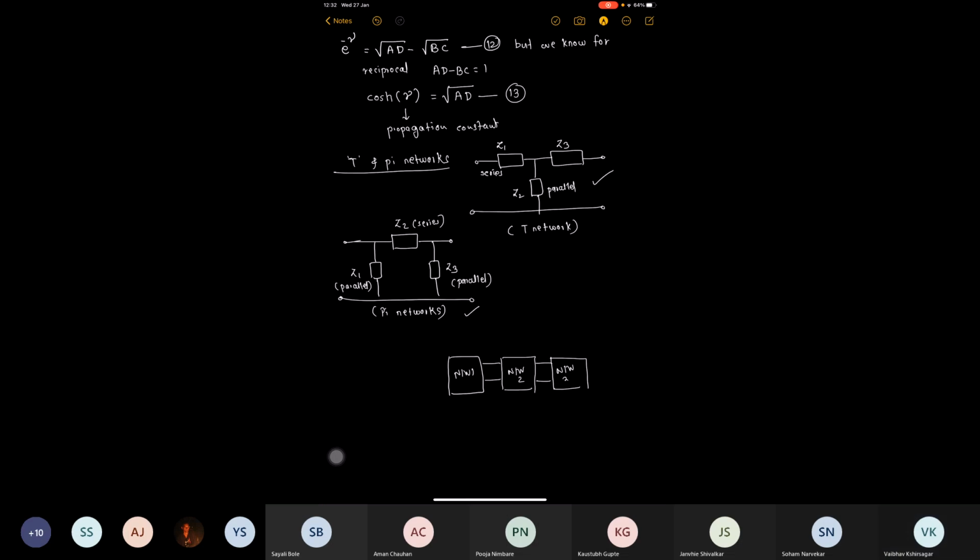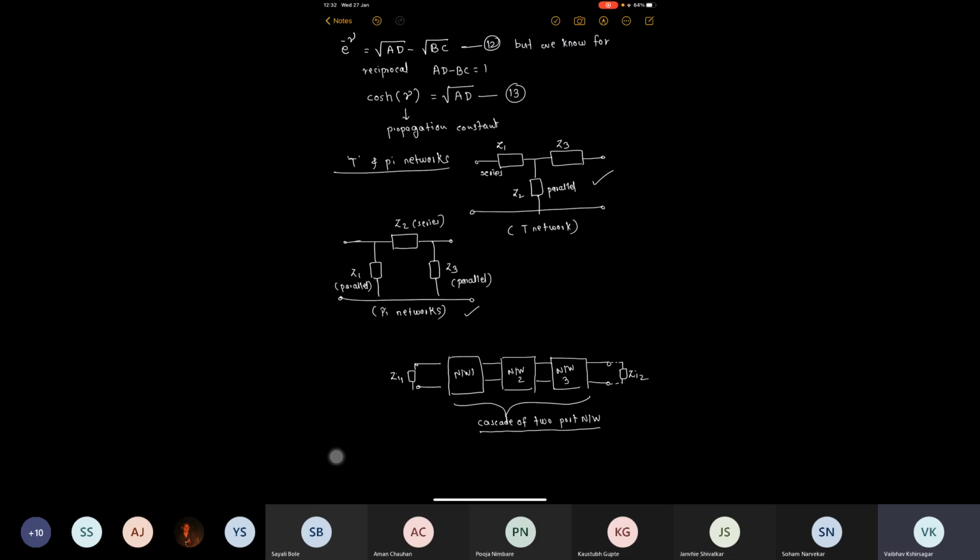And this entire structure we call a cascade of two-port networks. Here we are terminating with image impedances Zi1 and Zi2 and Zi1.